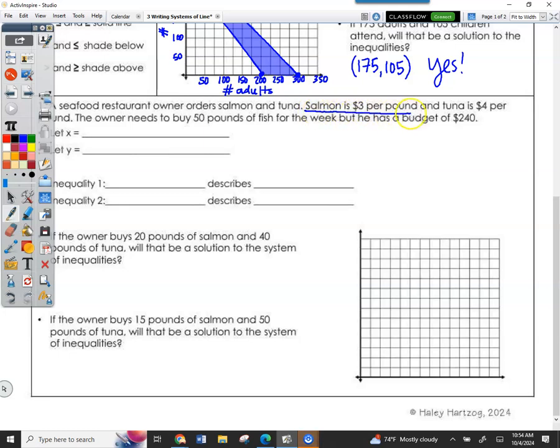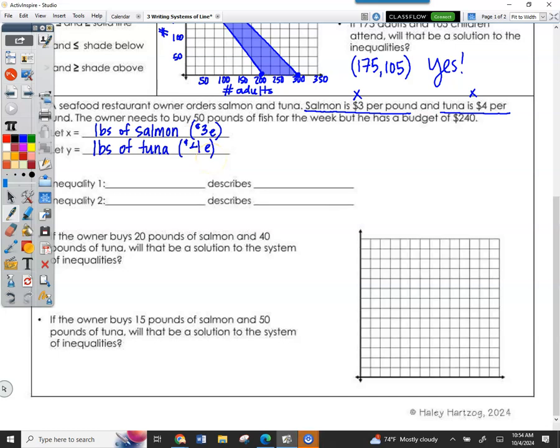Salmon is 3 per pound, that's my X. Tuna is 4 per pound, that's my Y. So X is going to be pounds of salmon. It may help to put that it's $3 each, right? I'm going to put 3E because E stands for each. And then Y is pounds of tuna, and it's 4 each.